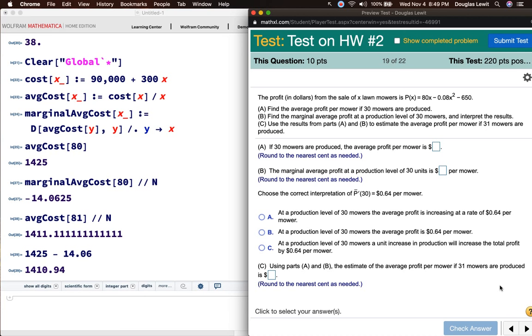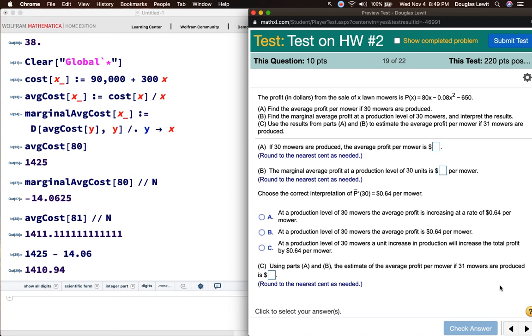Part B, find the marginal average profit at a production level of 30 mowers and interpret the results. Part C, use the results from parts A and B to estimate the average profit per mower if not 30, but 31 mowers are produced.